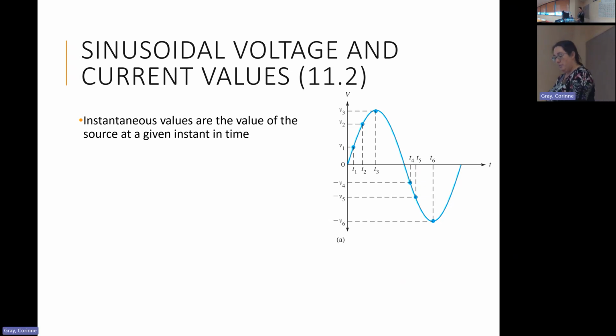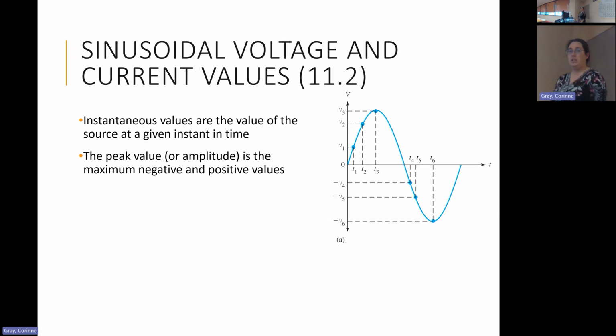In order to do that, we do need to know a little bit more information about our wave. So we have another piece of terminology here, which is that the highest point that we are going to have is referred to as the peak value or the amplitude. In this textbook, you will see peak value referenced over amplitude.